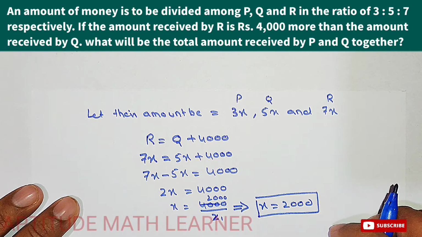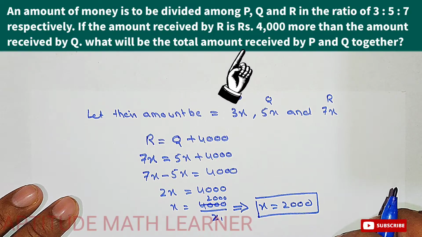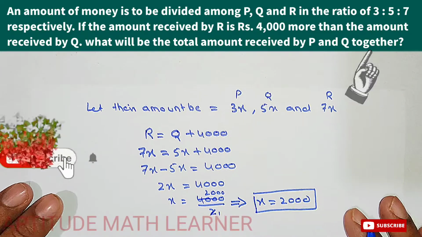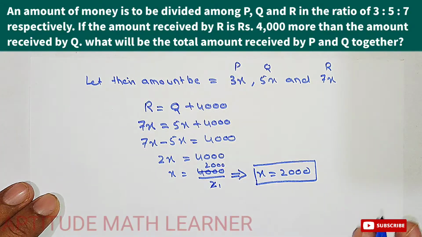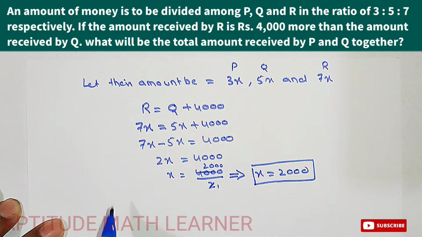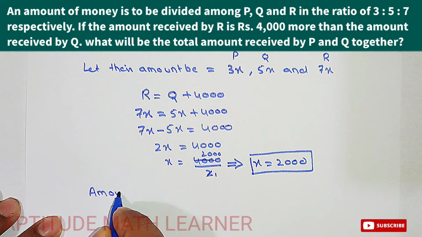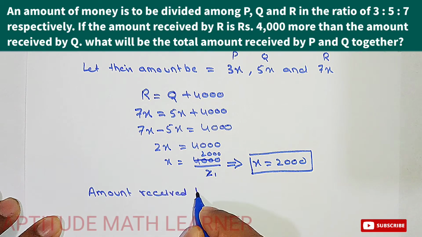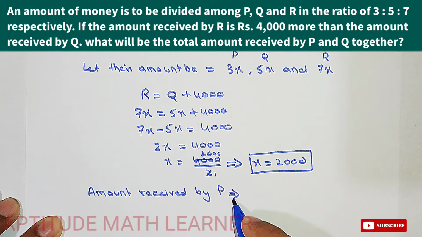Now according to the question, what will be the total amount received by P and Q together? So we have to find the amount received by P and Q together. Now the amount received by P, its ratio is 3x.